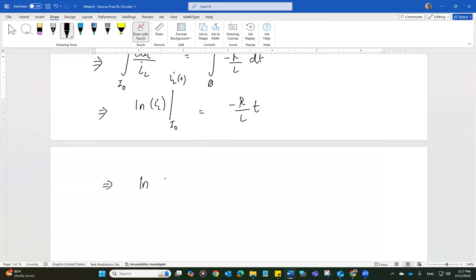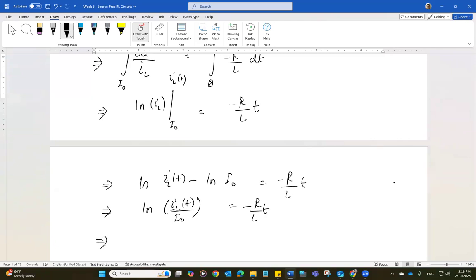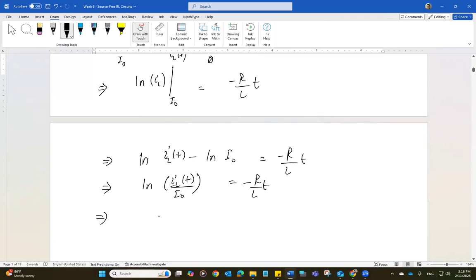The natural log of IL(t) minus the natural log of I naught, and the natural log of A minus the natural log of B is the natural log of A over B. So the natural log of IL(t) over I naught is equal to negative R over L times t. We go ahead and take the exponent on both sides to get rid of the natural log.